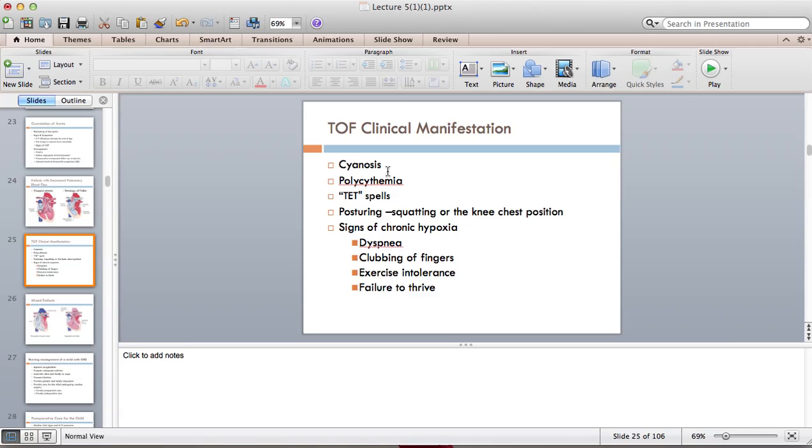So the body will say, let me make extra red blood cells because I'm low in oxygen. And with that making of new red blood cells, you have a lot of red blood cells, and that is what is referred to as polycythemia.